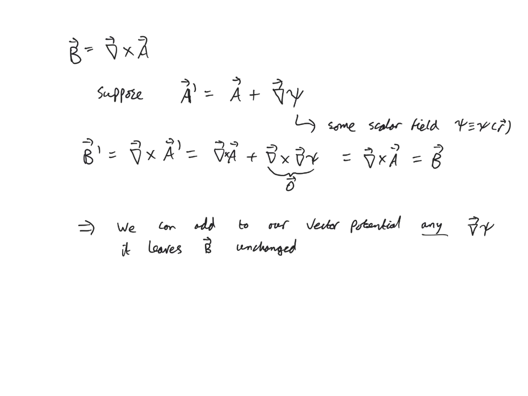A fancy way of saying this is to say that there's a gauge invariance. Again, we can add on various things to our vector potential and it doesn't change physical observables. So this is, if you like, a gauge freedom, which leaves physical observables unchanged.